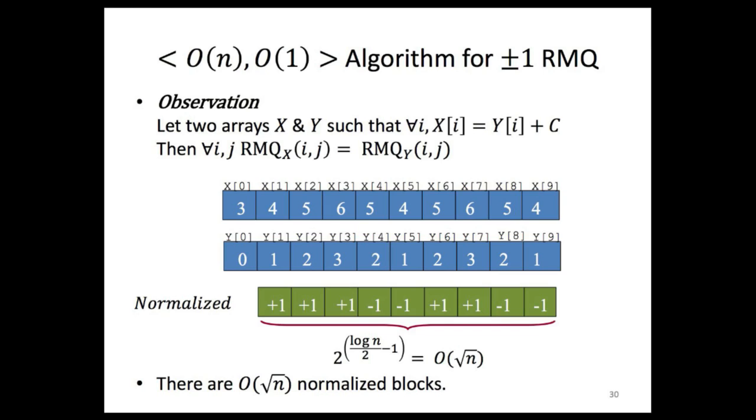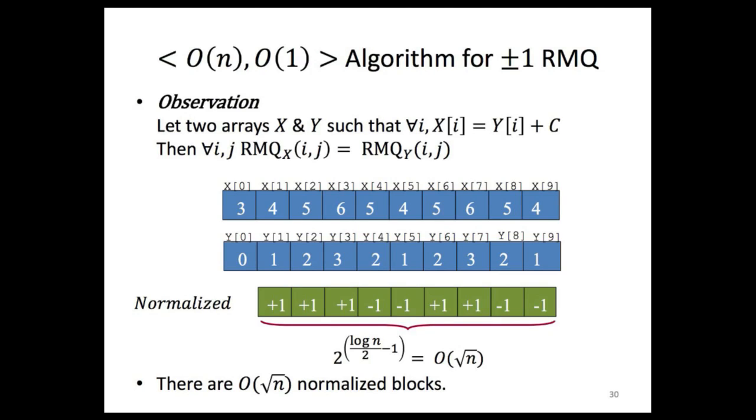And this is very helpful in Euler tour because if you see the whole structure of an Euler tour, you'll see that there's a lot of repetition in there. So a lot of these blocks tend to be repeated.